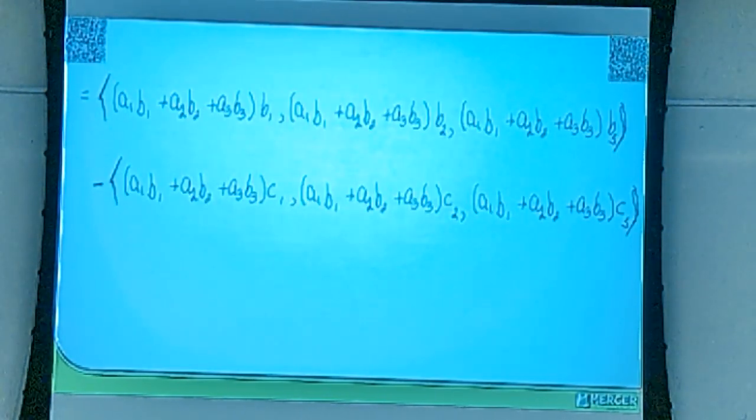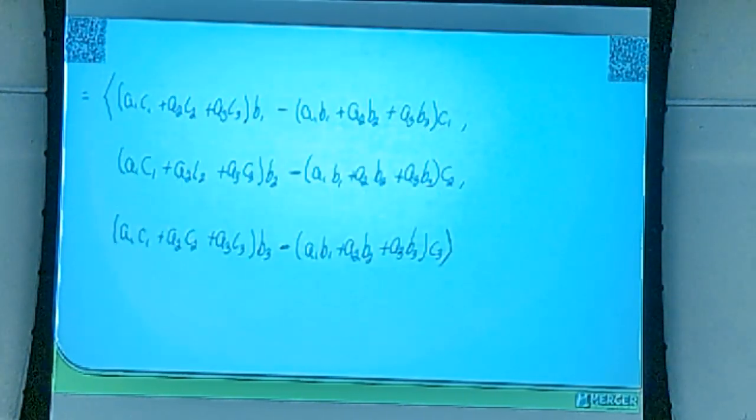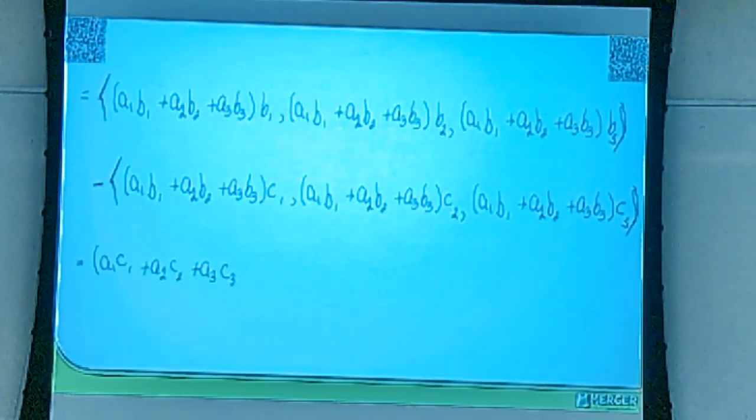Well, notice the first vector has a common factor, a common scalar. The second vector has another common scalar. Oh, wait a minute. Uh-oh. All those B's in the first one should be C's.